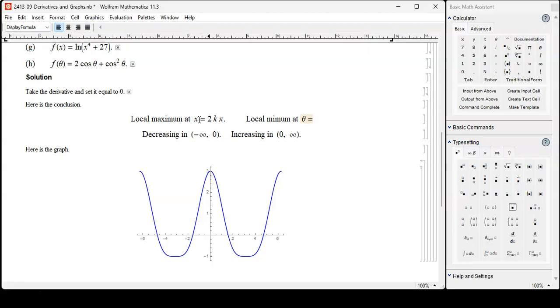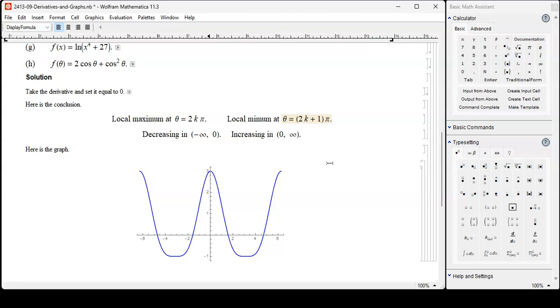By the way, not x, theta. Theta is 2k plus 1 pi. So odd multiple of pi. So pi, 3 pi, 5 pi, and so on. Here 0, 2 pi, 4 pi, 6 pi, and so on. And to the negative the same.